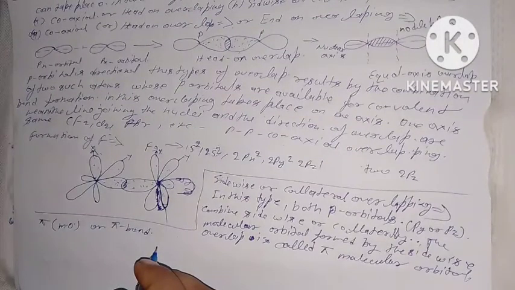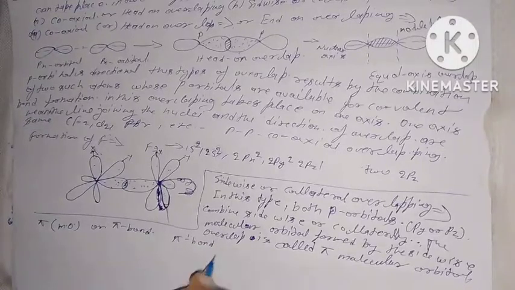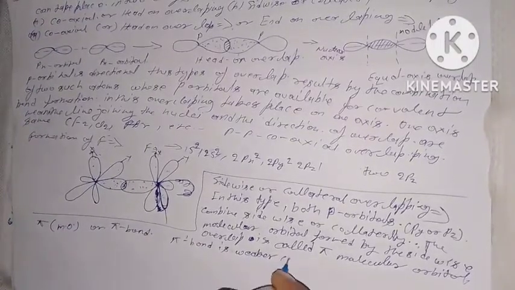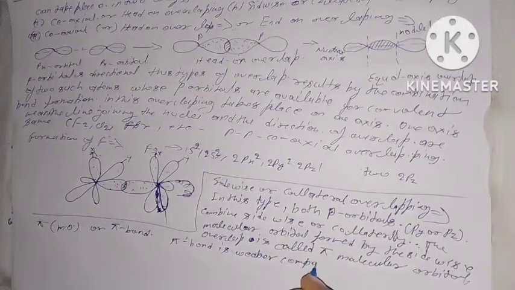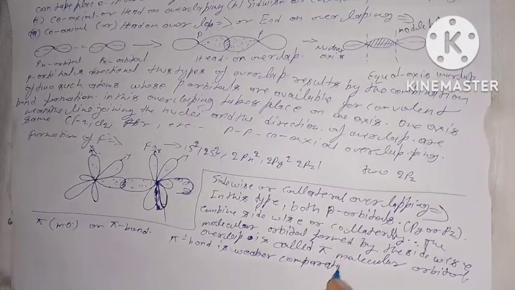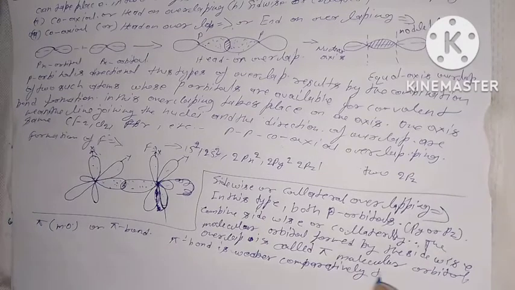The pi bond thus formed is comparatively weaker than the sigma bond.